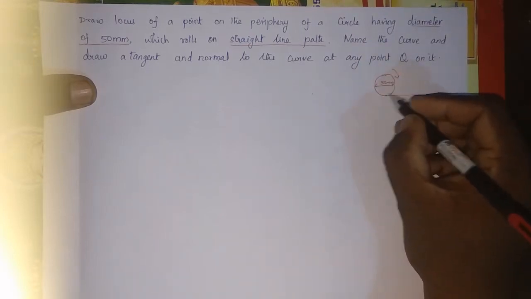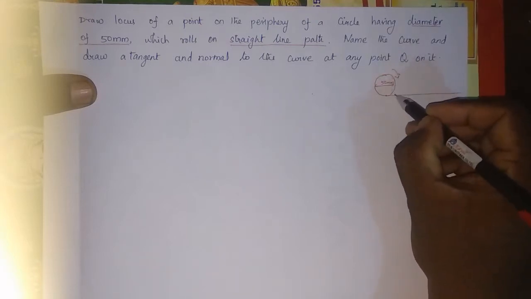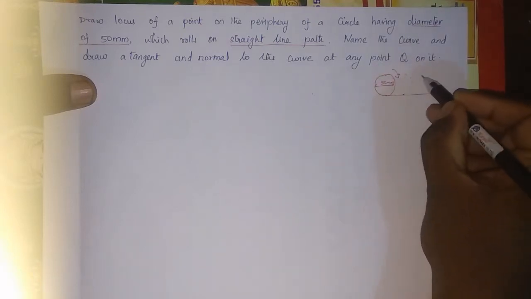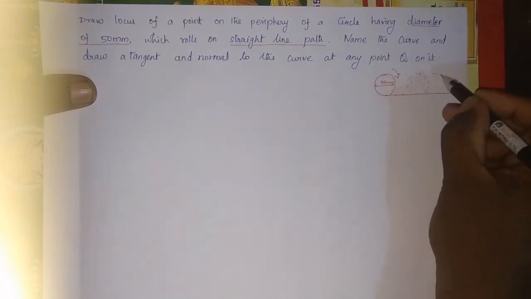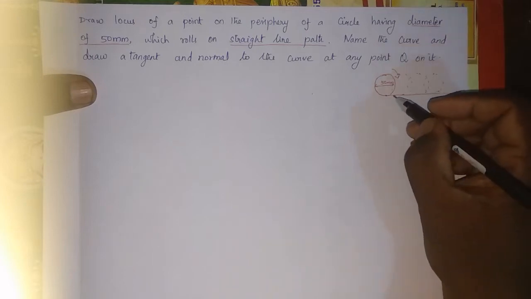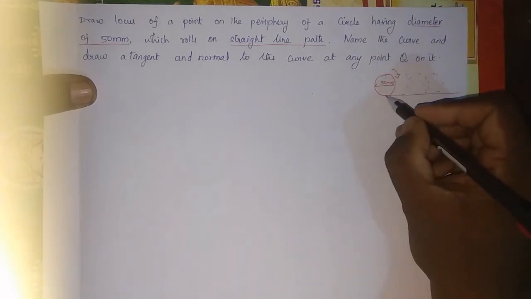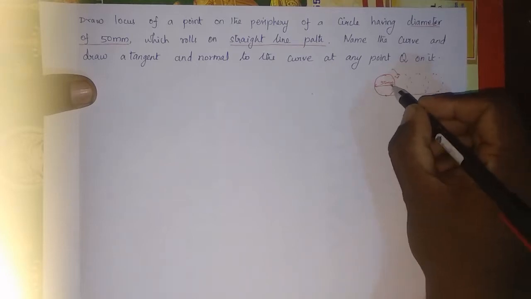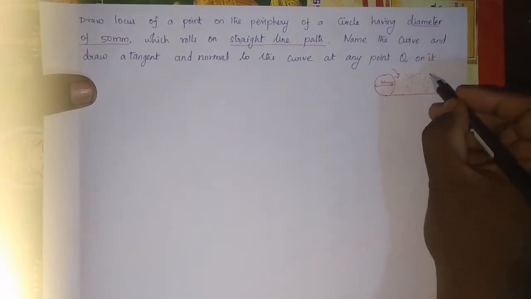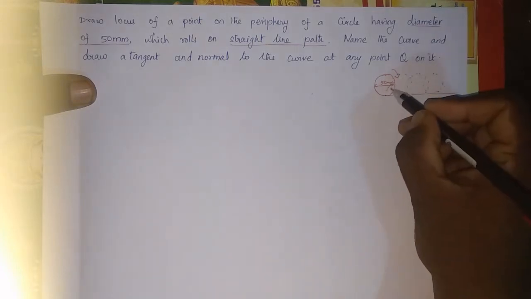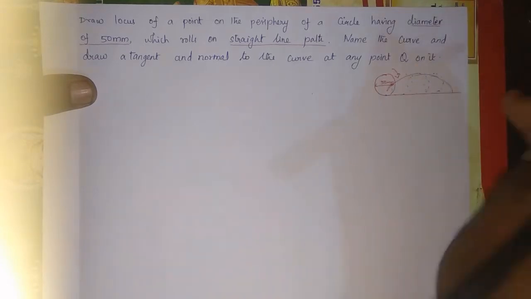While the circle is rolling, due to the rolling without slipping, this point moves accordingly. This point comes here, this point comes here, which makes one locus. So this is what we are going to draw.